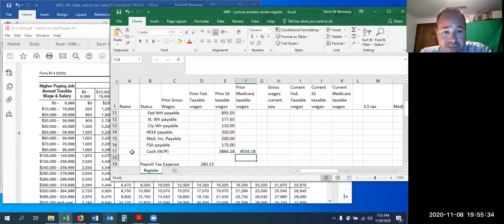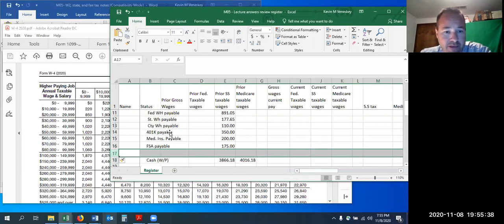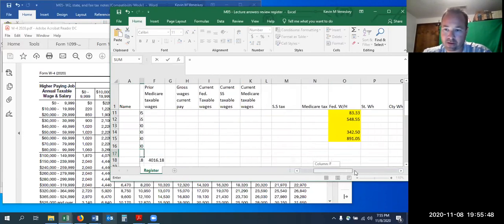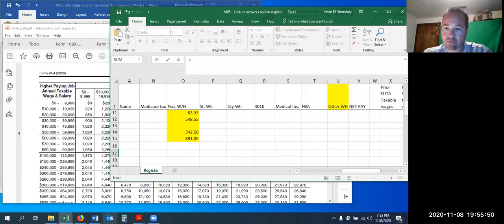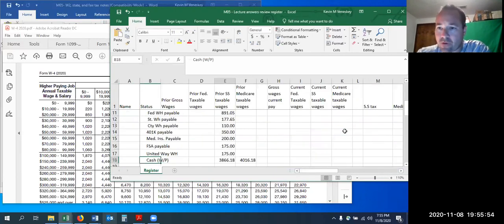I know it's not because I don't have my last category in here. So let's put that in here. We'll just call it what it is, the United Way withholdings. And copy that right on over. So hopefully yours would already be set up like that. For whatever reason, mine was missing it.